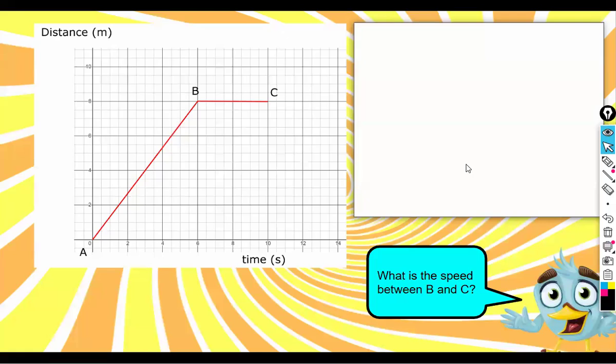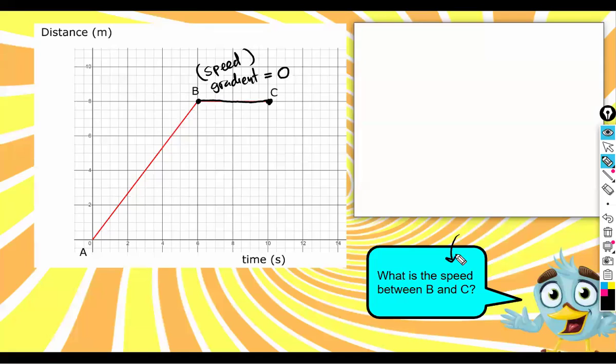In this question, B and C is a flat line. Remember, the gradient of a flat line is 0, right? So that means the speed is automatically equal to 0 because the gradient represents the speed. So I will not even waste time. The only time I will waste time doing this is if the examiner just asks, what is the speed between B and C?